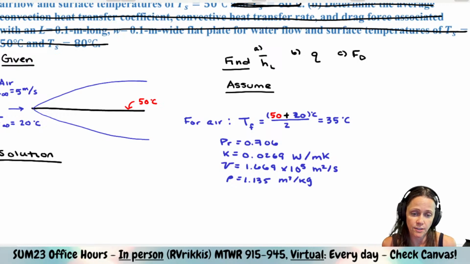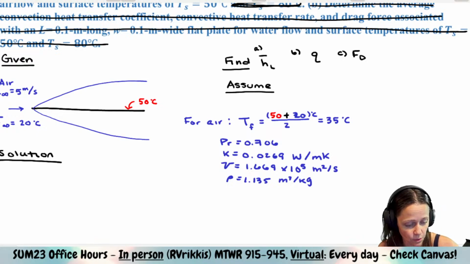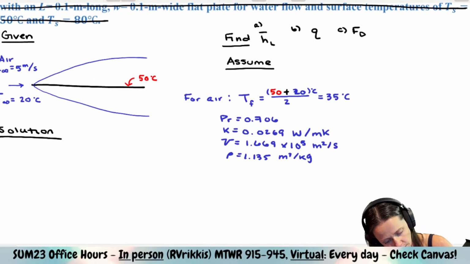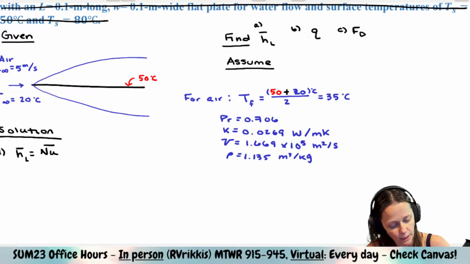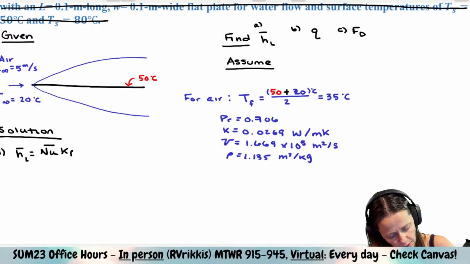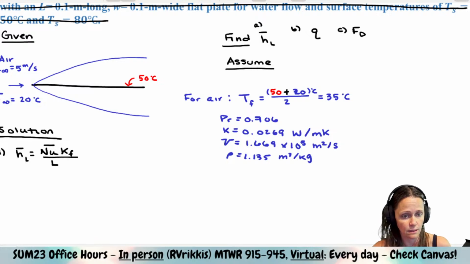So the first thing that I need to do is probably calculate my Reynolds number and see if we're turbulent or laminar. So for A, I know that this is going to be equal to my average Nusselt number times the thermal conductivity over my length.